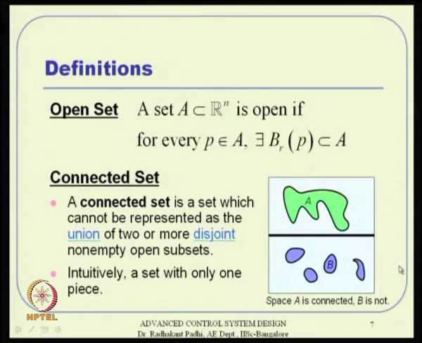So, why does that happen? Because if I start with any point in A, then any 2 points I can always join them without leaving the set. I can connect these 2 points without leaving the set, and that is the meaning of a connected set.